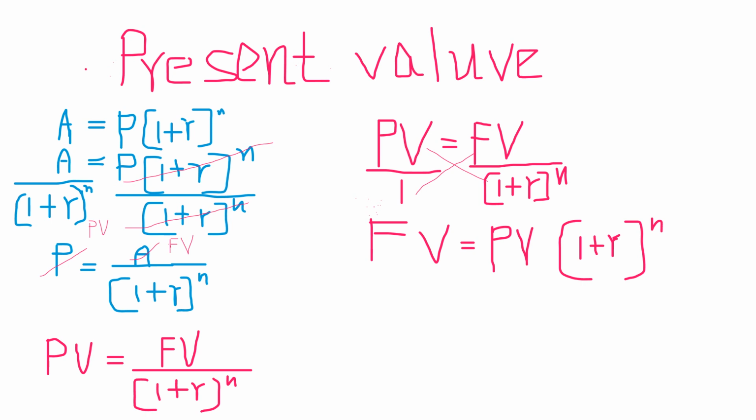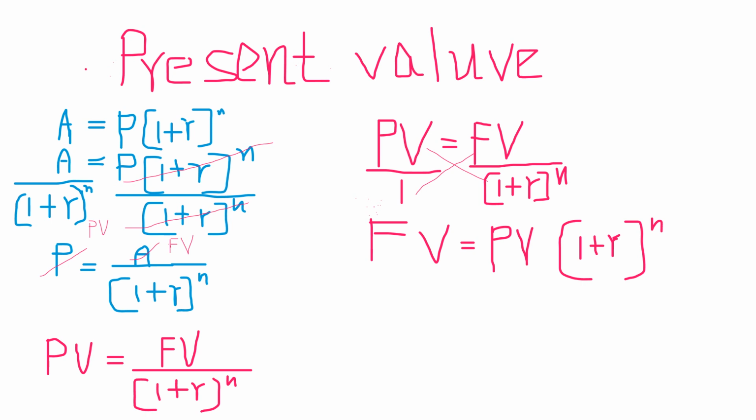From the present value formula, on the right side, by cross multiplication, you will have FV into 1, that is FV, and on the other side PV into 1 plus R into the power n.